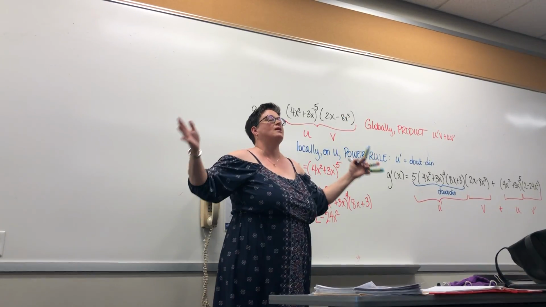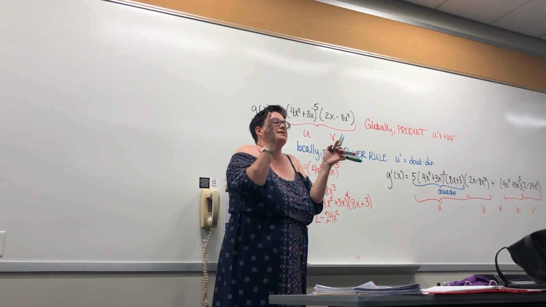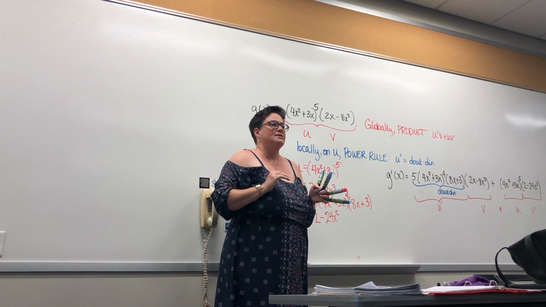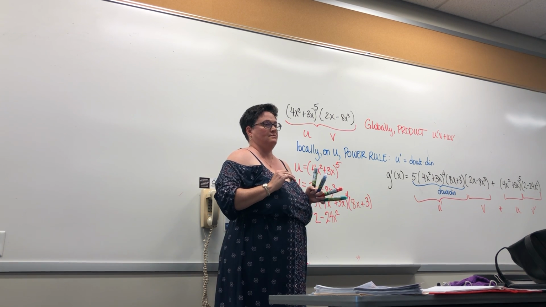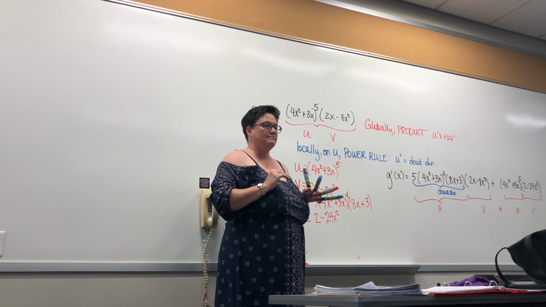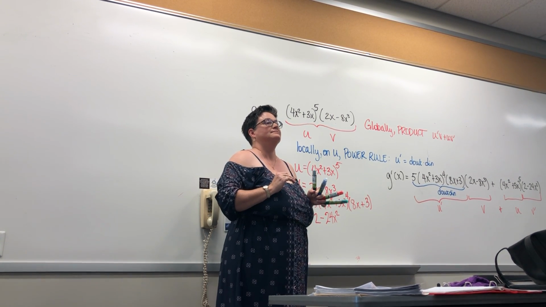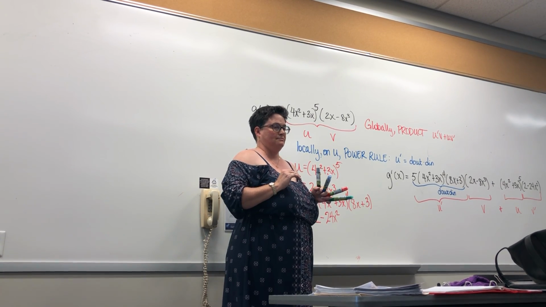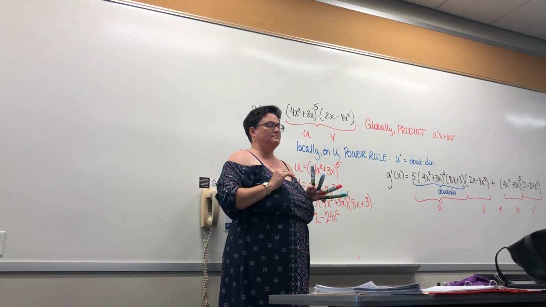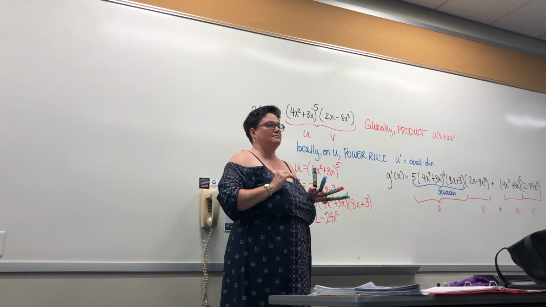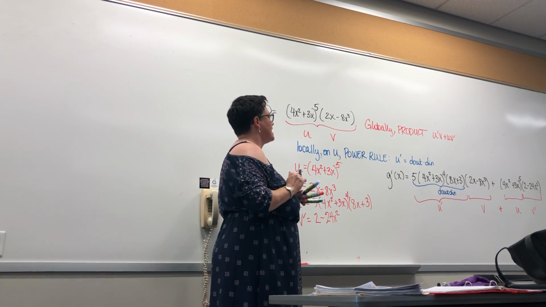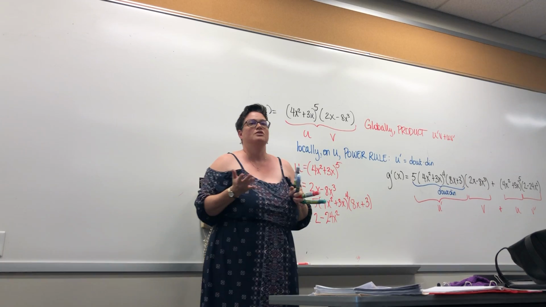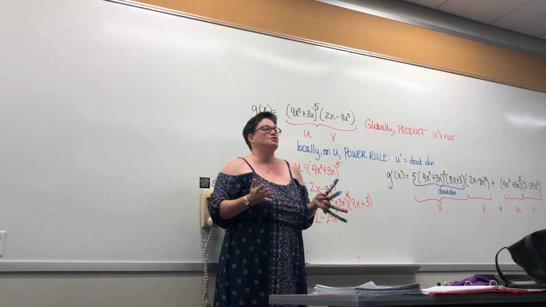It's not a power that applies to the entire thing, it applies to a little part of it. So you first look at the whole thing, the forest, and figure out if it's a product or whatever else. And then that's going to be your equation, U prime V plus U V prime. And then you start breaking it down. Essentially, you're going to have three different choices here: product, quotient, or power. And you're going to start to recognize them.